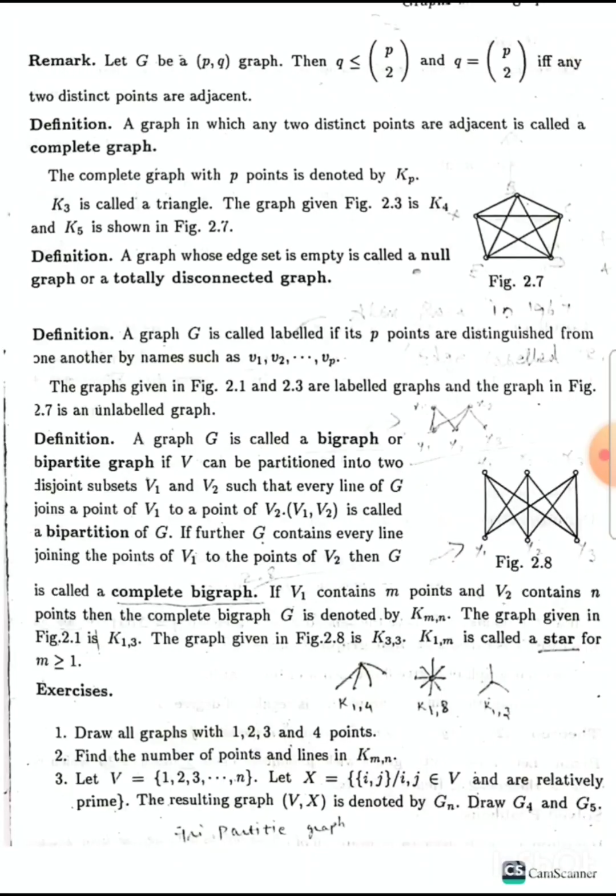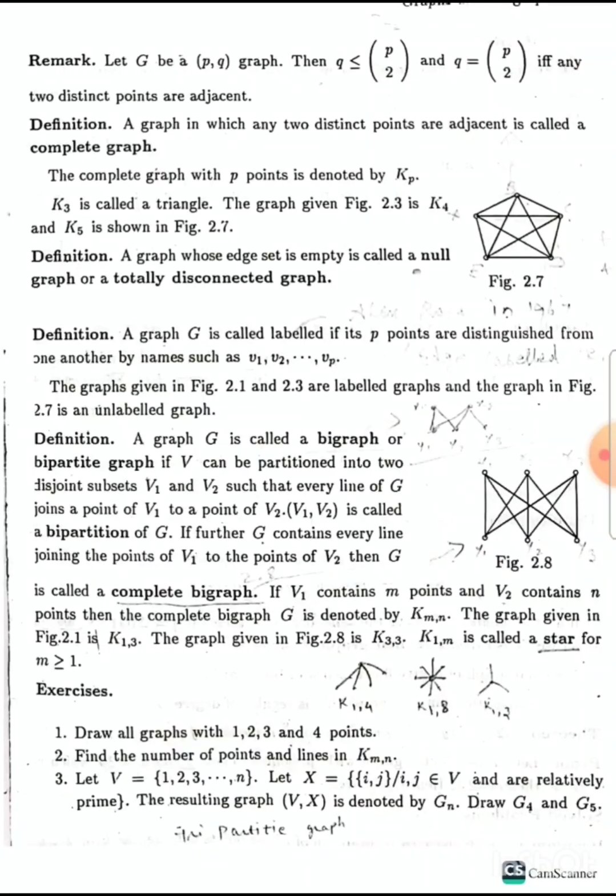If further G contains every line joining the points of V1 to the points of V2, then G is called the complete bipartite graph. If V1 contains m points and V2 contains n points, then the complete bipartite graph G is denoted by Km,n. We already said the complete graph is denoted Kp, having p points, and in the bipartite graph we split the vertices into two sets.